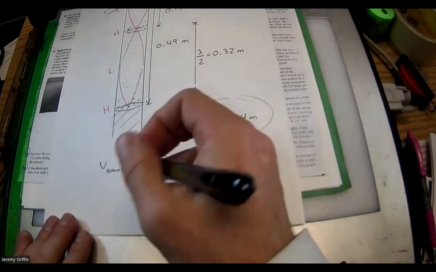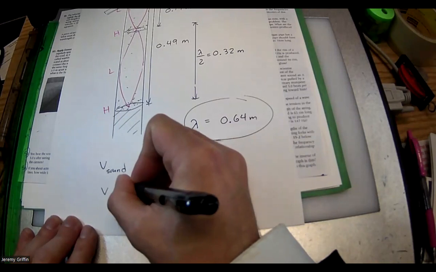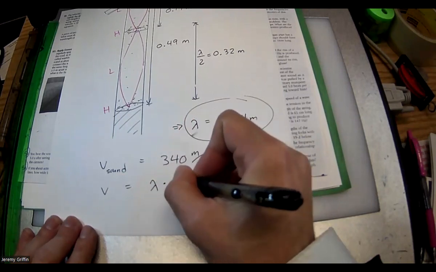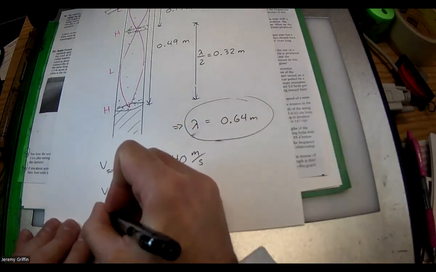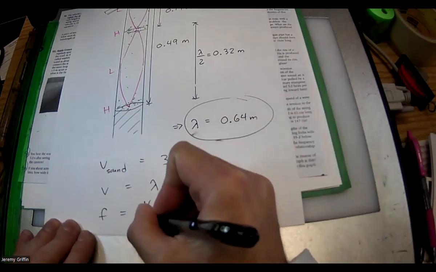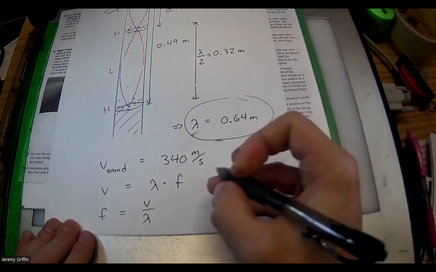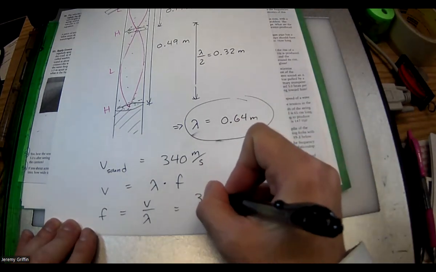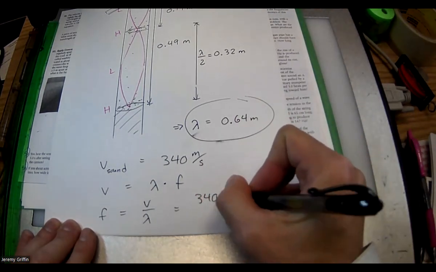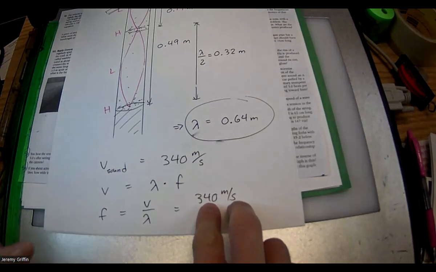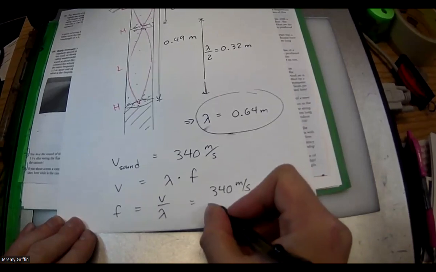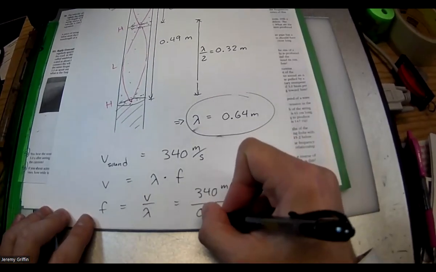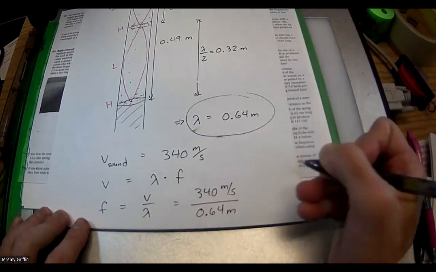Let's do this. All right, can you guys say speed is equal to wavelength times frequency? Right? So is frequency equal to speed over wavelength, therefore? Okay. We got 340 meters per second, which is probably going to be the answer to your lab tomorrow. Tomorrow, I'm going to have you guys calculate the speed of sound, and hopefully it's pretty close to this. And we got 0.64 meter wavelength.